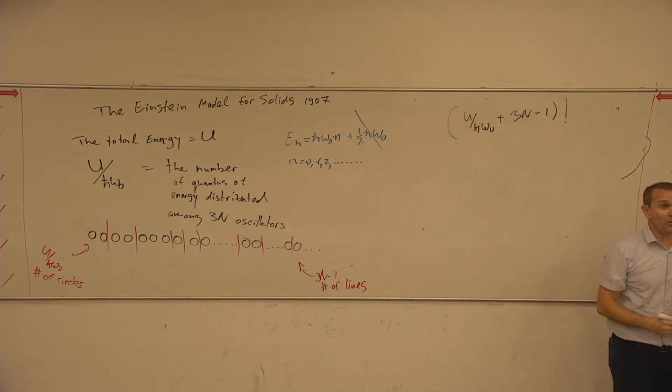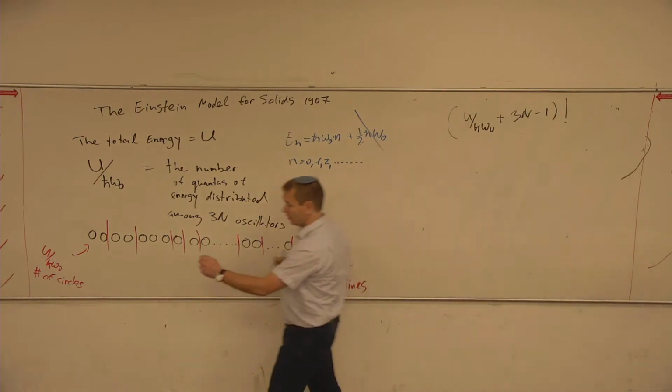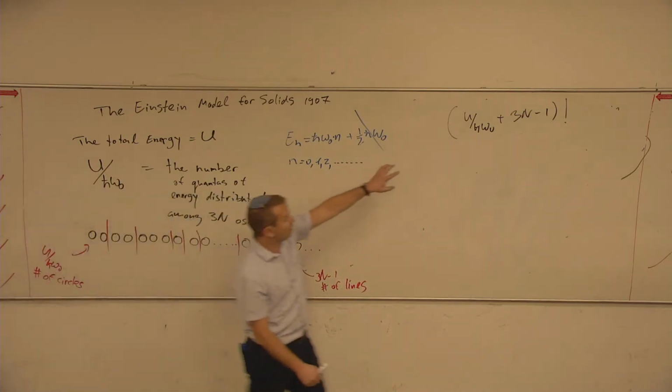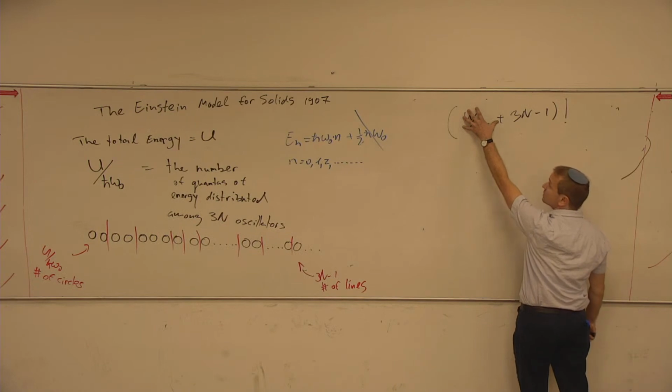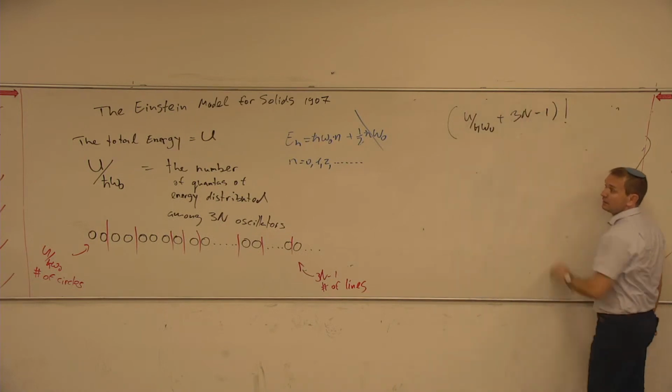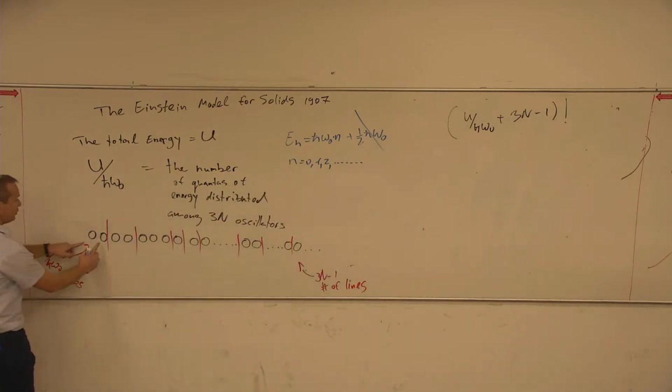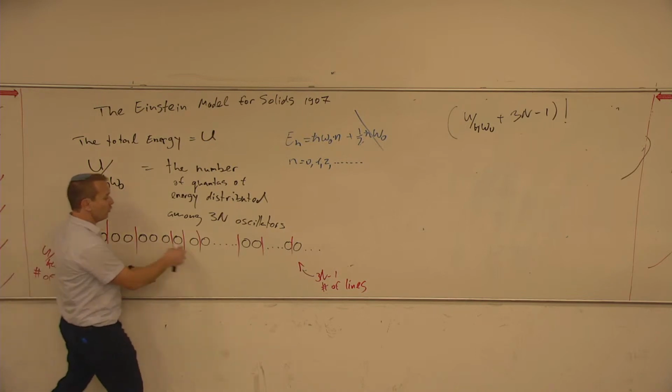This is the number of ways that I can reshuffle all the different objects, the sum of quanta, the circles, plus the lines. But I don't care about the order of the circles, and I don't care about the order of the lines.